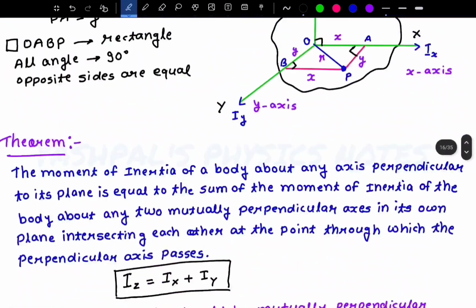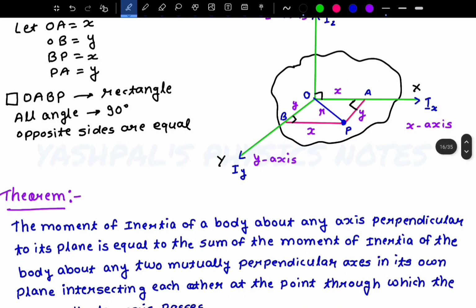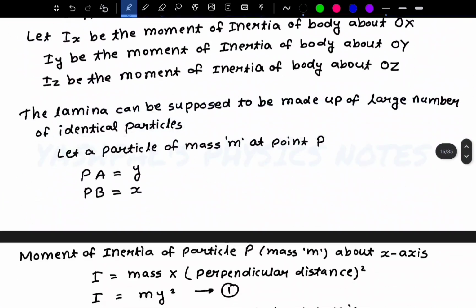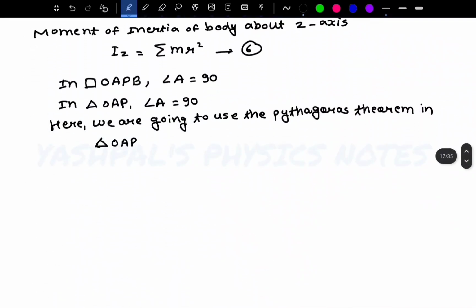You can see that side OP is r, OA is x and PA is y. So by Pythagoras theorem, hypotenuse square is equal to the square of one side plus the square of the other side. So this is according to the Pythagoras theorem. So give this as equation number 7.